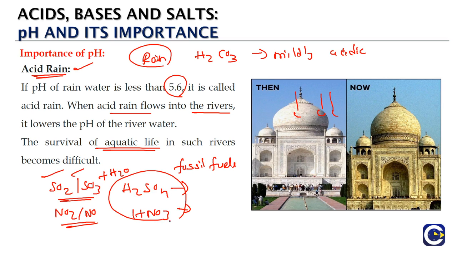And nitric acid will come from vehicle exhaust. Near the vehicle exhaust, the nitrogen and oxygen in the atmosphere combine to form oxides of nitrogen, and when these dissolve in the rainwater, they form acids containing nitrogen, like nitric acid. These two are the reason for acid rain to happen.